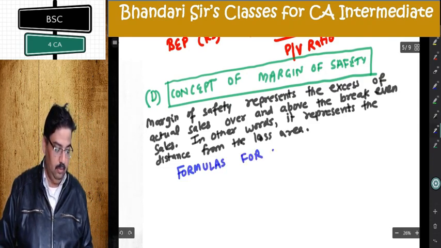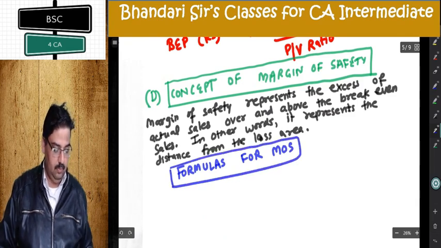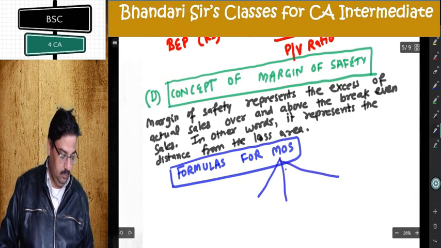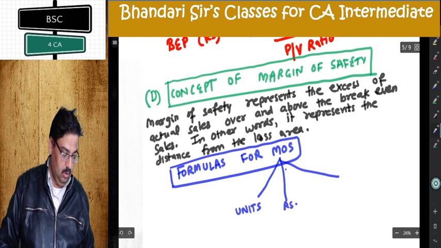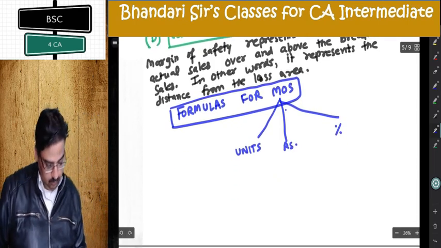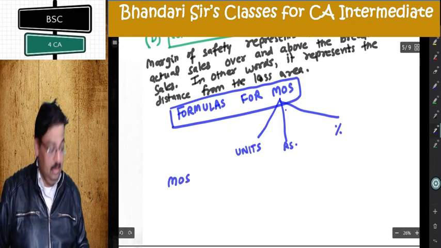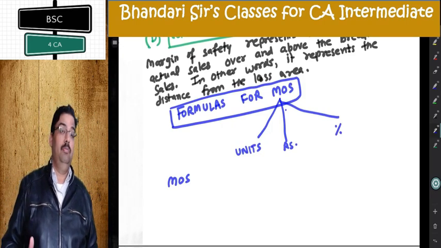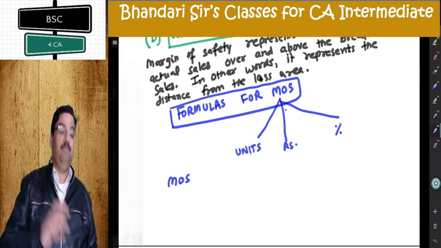Formulas for MOS. There are 3 categories of formulas: MOS in units, rupees and percentage. And in each category there are 2 formulas. So try to understand and learn these formulas.